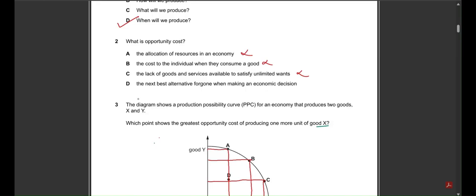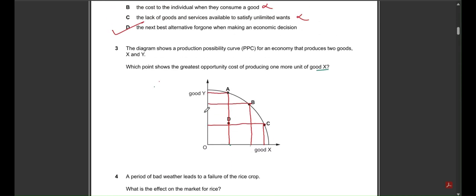So let's see option D, the next best alternative foregone when making an economic decision. Yes, this is the right definition of opportunity cost. All right, so very easy question.